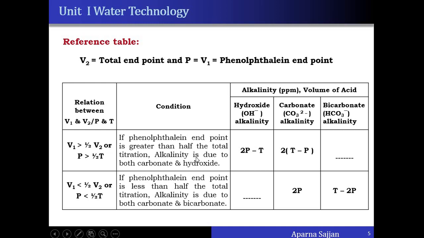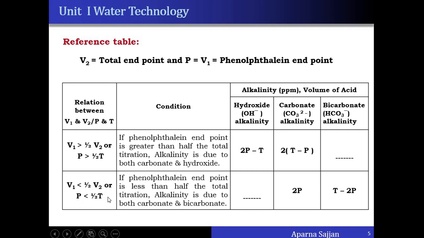In that case, alkalinity is due to carbonate as well as hydroxide. The volume of acid required for hydroxide is calculated by using the formula 2P minus T, and the volume of acid required for carbonate alkalinity is calculated by using 2 into T minus P, that is 2 into total minus P.